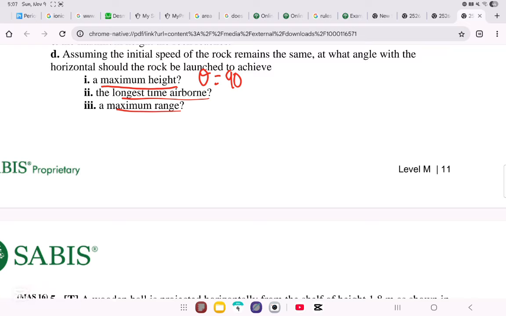And here it's supposed to be 90, but for the range, the equation has sine 2 theta, meaning theta should not be 90 because if you put 90, it's going to be 180. We don't want it to be 180. We want it to be 90. So instead, what we do is we put 45.